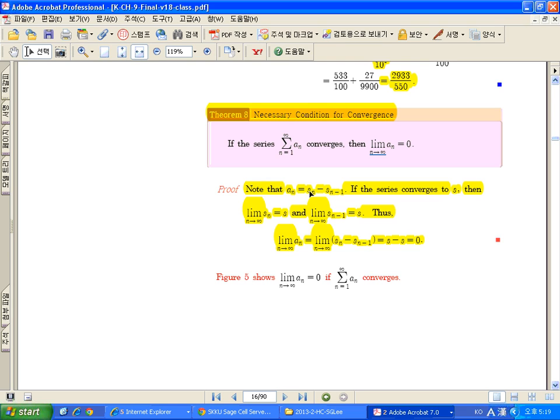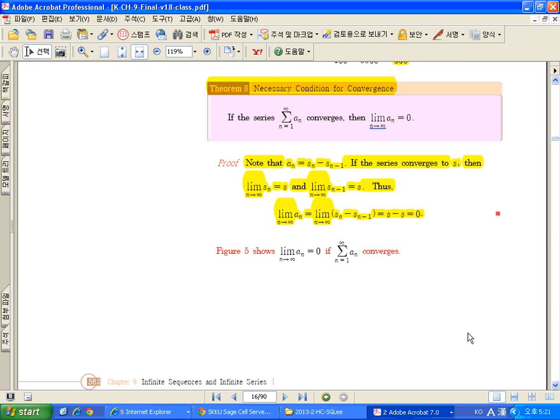So the nth term is the partial sum up to n minus the partial sum up to n minus 1. The series converges to S, which means the limit of S_n and the limit of S_(n-1) are the same. So these two are the same, which means this limit is equal to 0.